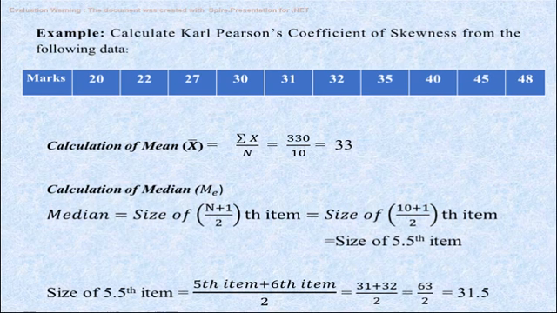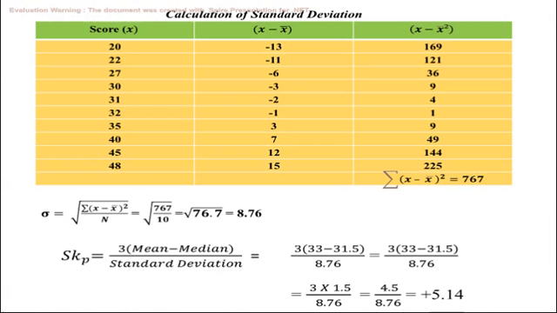Now we have to calculate standard deviation for ungrouped data. The formula for calculating standard deviation is under root summation (x minus x bar) raised to power 2 divided by n. By applying the formula, we get standard deviation equal to 8.76.